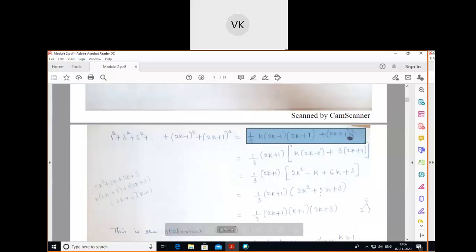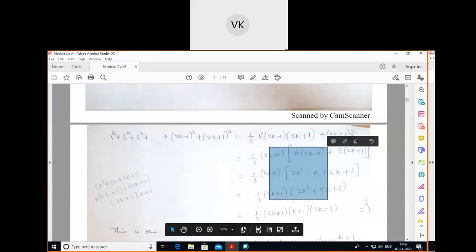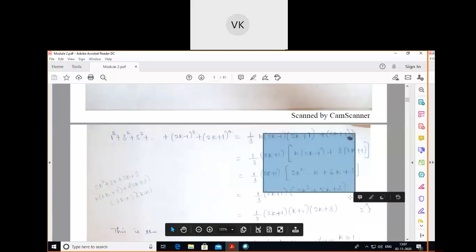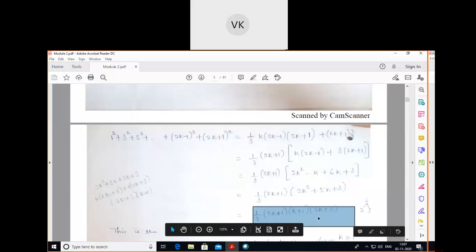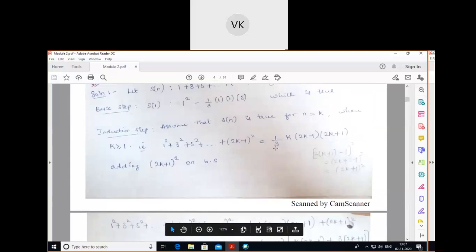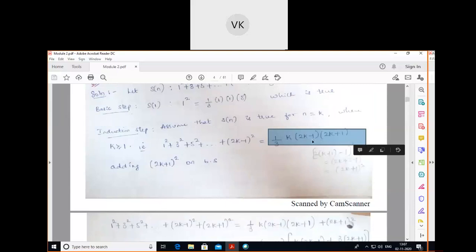This is basic mathematics, simplification of mathematics. Just follow the basic mathematics for the simplification. In the final step we have to get this result. How do we come to know that this will be the result? Just replace this one by k plus 1. What will we get? The same will be the result.